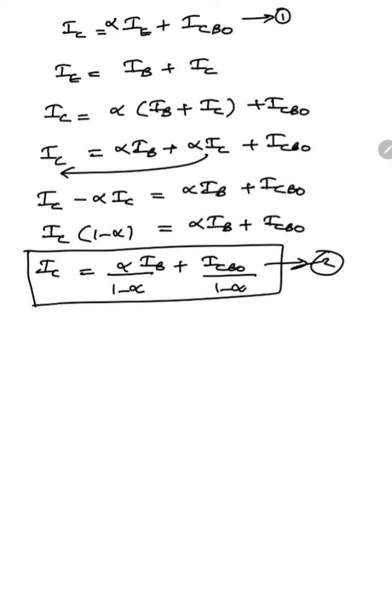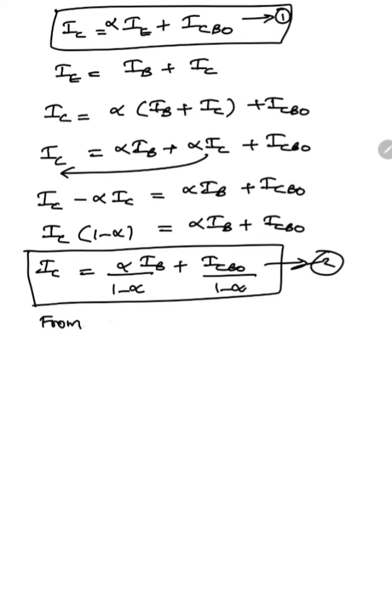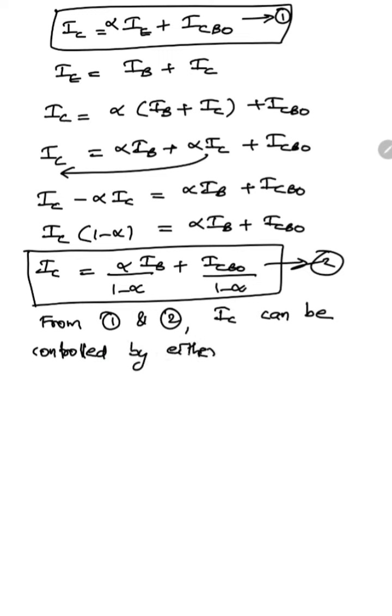So equations 1 and 2 are the equations to find the total collector current. From 1 and 2 it is clear that from equation 1, IC can be controlled by IE, and from equation 2, it can be controlled by IB.